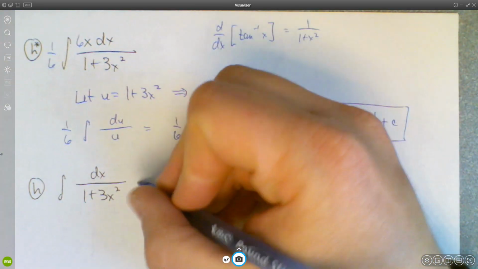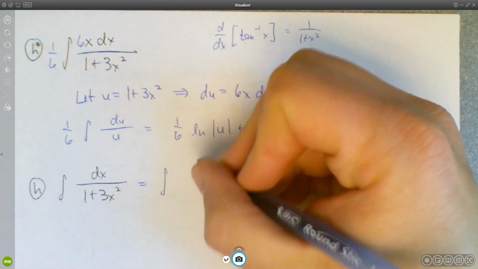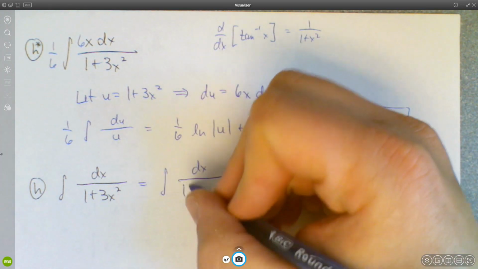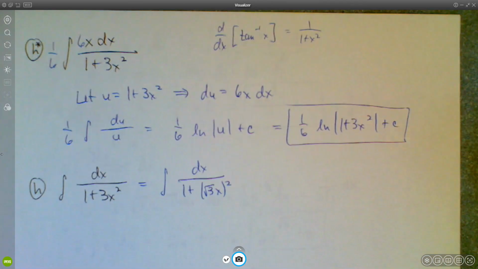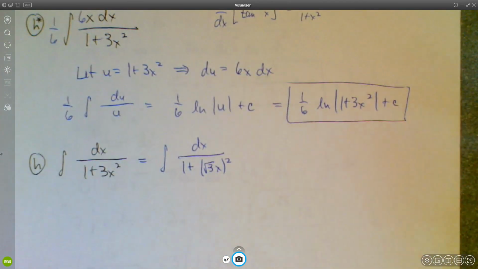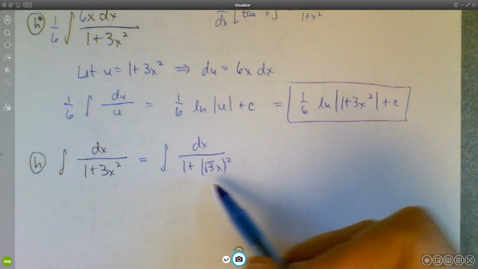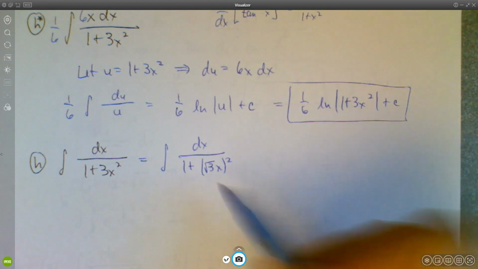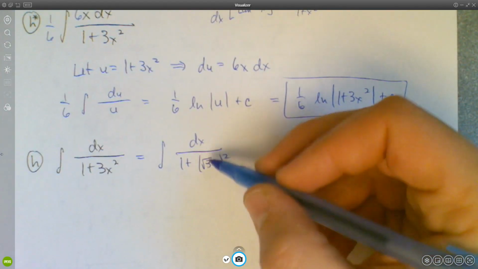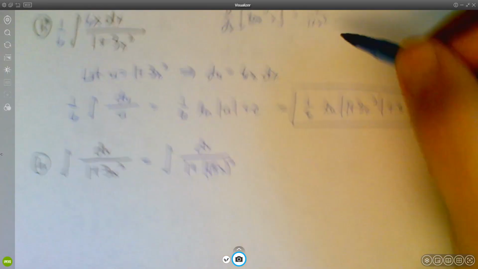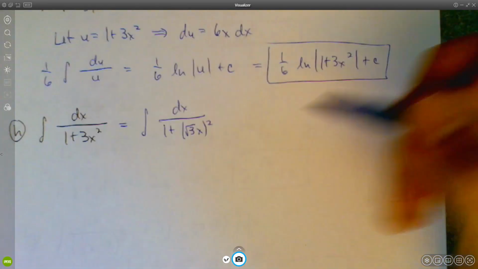First of all, notice that this is the same thing as 1 plus root 3 times x squared. So that tells me that I should let u be the square root of 3 times x. Because then I'm going to have 1 over 1 plus u squared, and it'll be just tangent inverse.